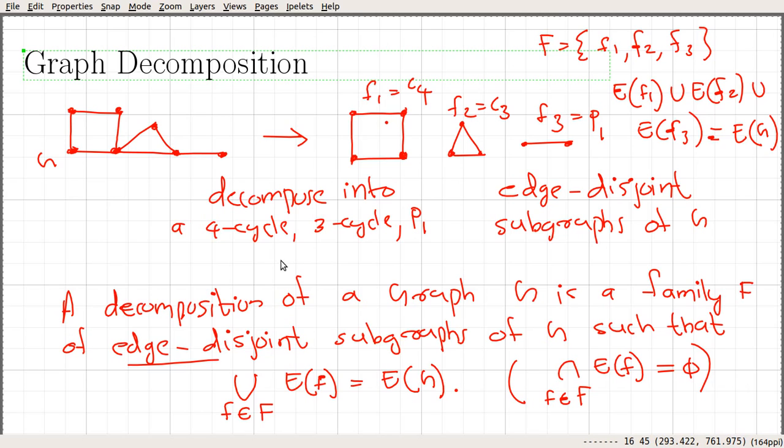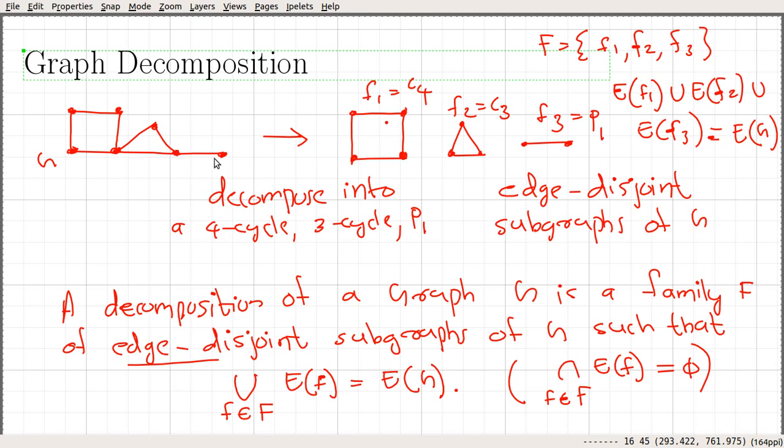The thing is that the subgraphs must be disjoint, and if you take the union, you must get the edge set of the original graph.